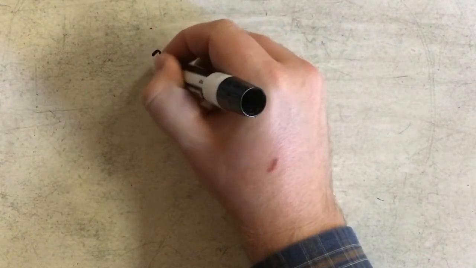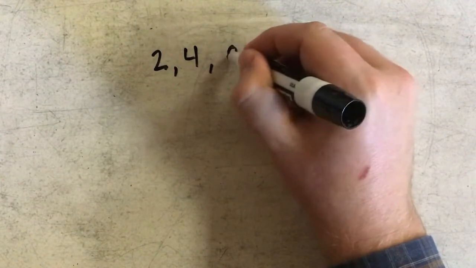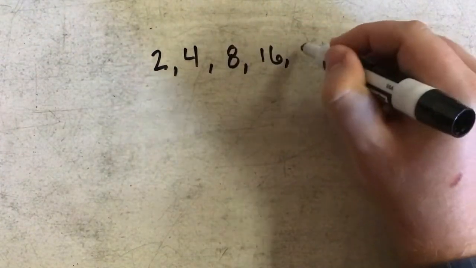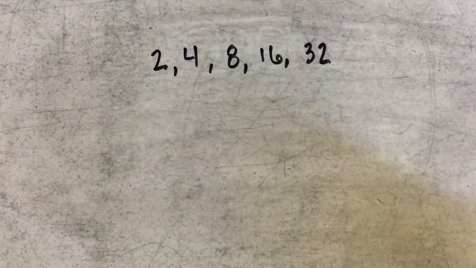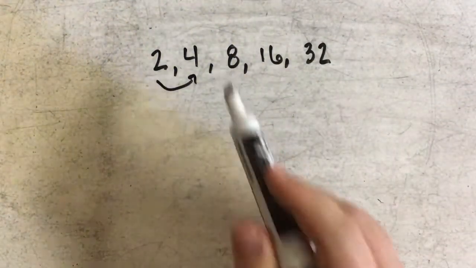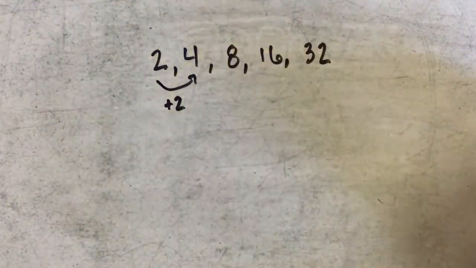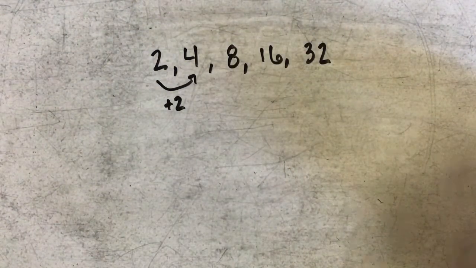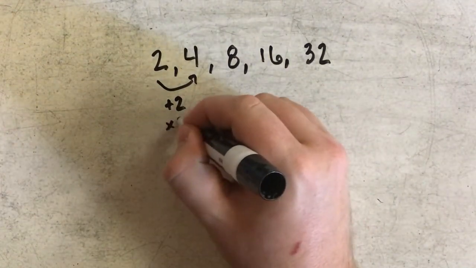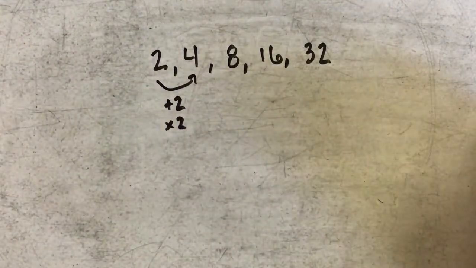It's really important when determining patterns that we actually see that the rule applies for all terms involved. So for instance, in this case, if I'm looking to see what happened between 2 and 4, I could say that I added 2 to get from 2 to 4, but I could also say that I multiplied by 2 to get from 2 to 4. 2 times 2 would give me 4.